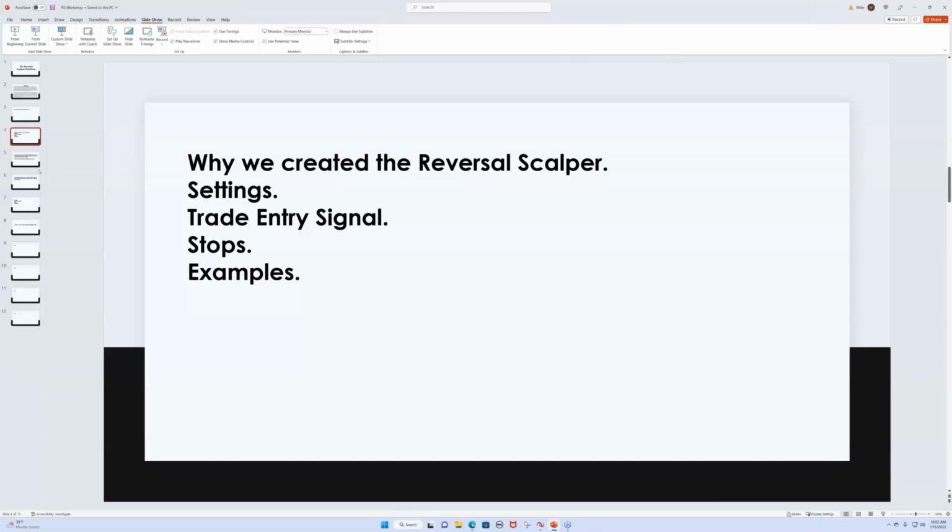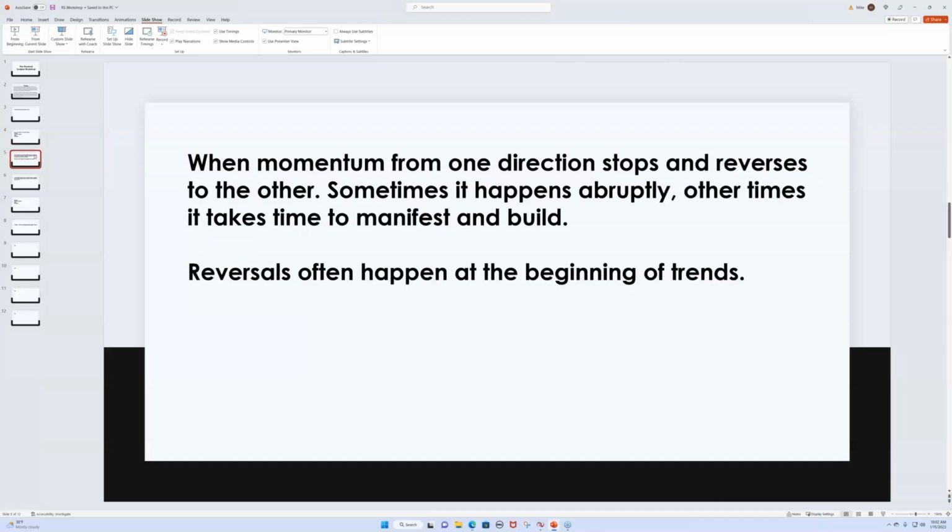So the thing to remember with reversals, right, because in my opinion there's a few ways to approach the market. Reversals and momentum are the two main ones that you want to really look for. And the things that I like about reversals and momentum, and hence this is called the reversal scalper, is because it allows you to be trading ideally in the direction of the market.